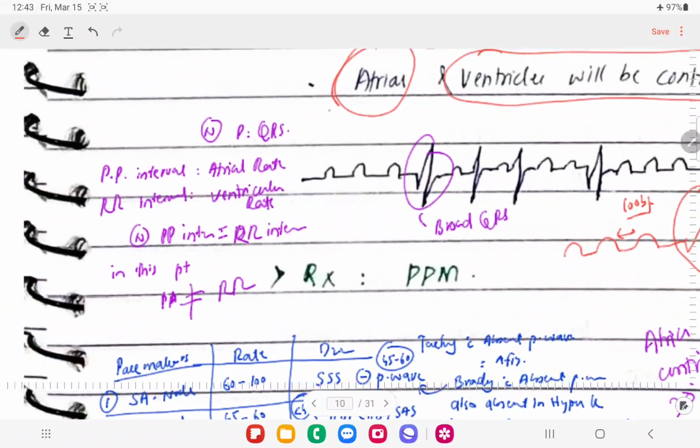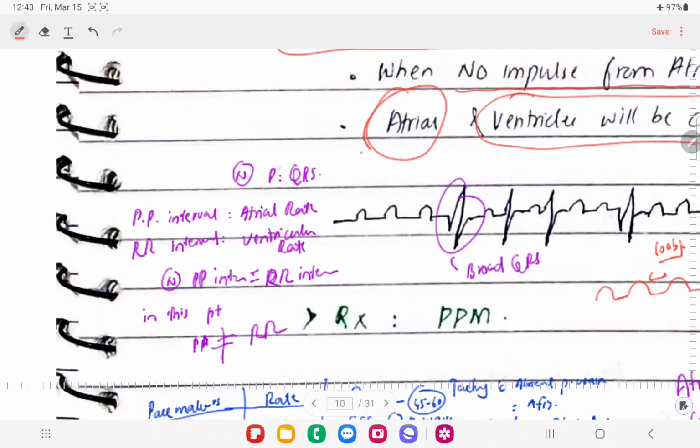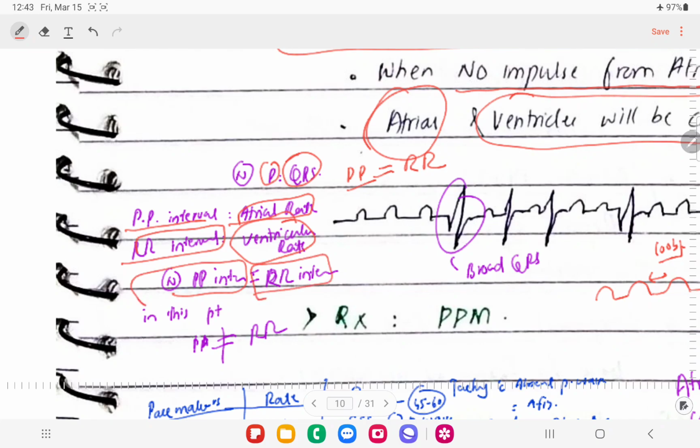So normally we have an equal P to QRS complex ratio. So normally the PP interval is equal to the RR interval, right? Basically the PP interval represents the atrial rate and the RR interval represents the ventricular rate. So normally the PP interval should be equal to the RR interval, right?